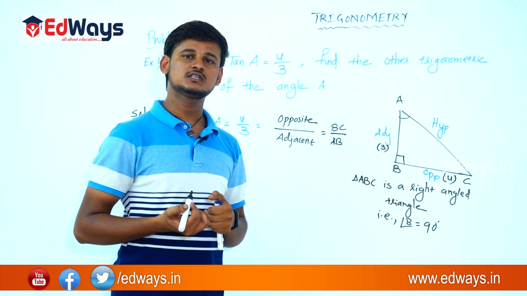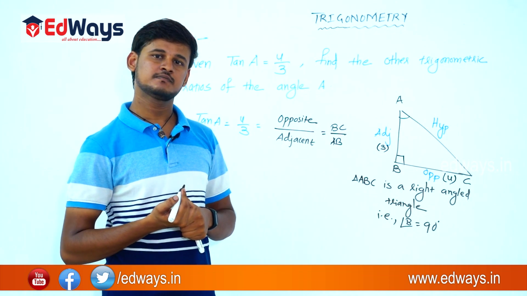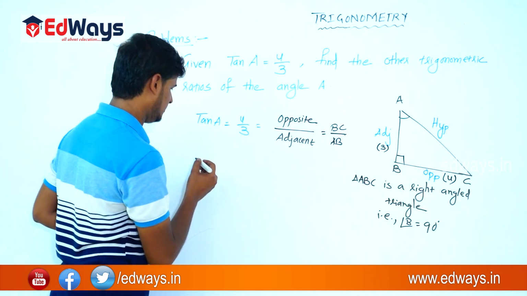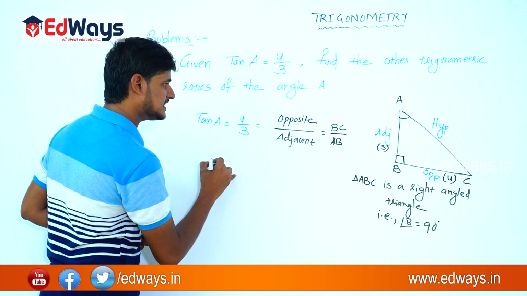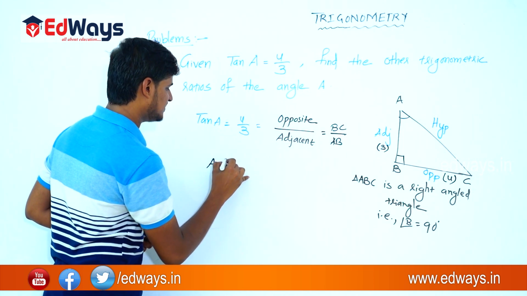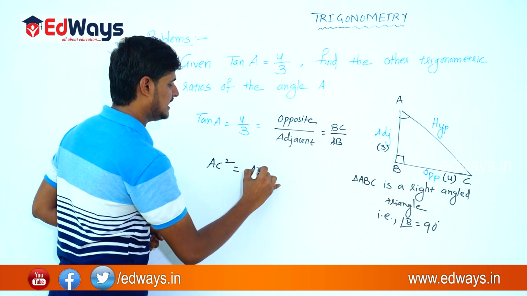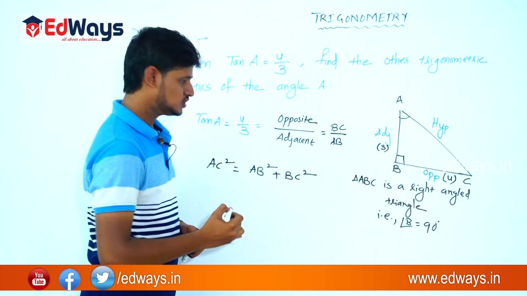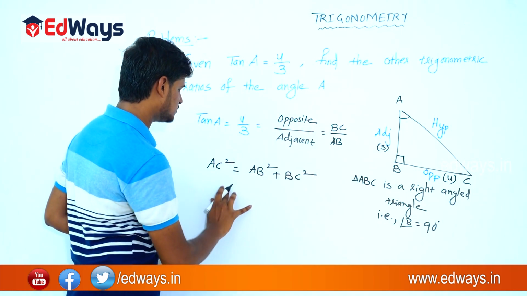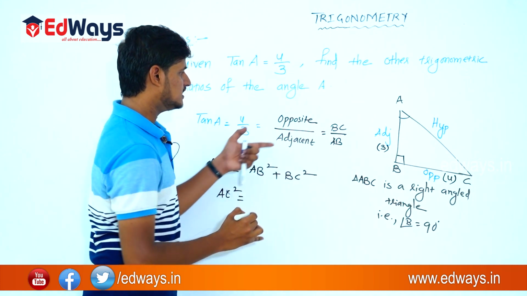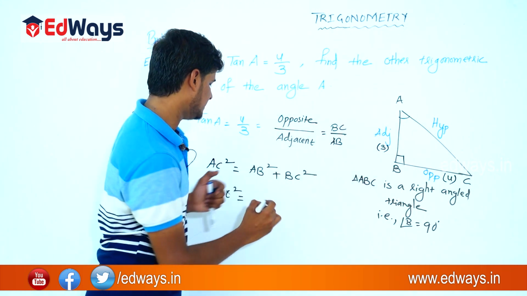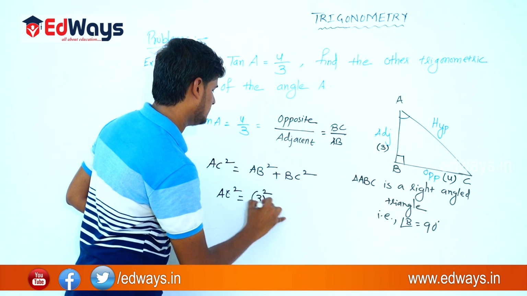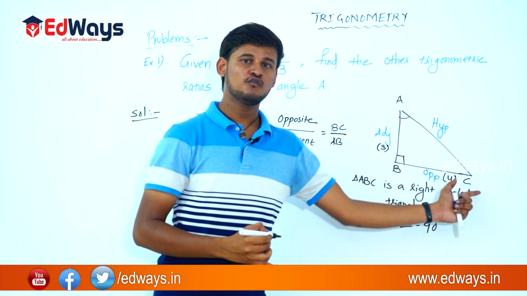I can find the third side using Pythagoras theorem. Yes, let us find. If you apply Pythagoras theorem, AC square is equal to AB square plus BC square. So AC square is equal to AB, what is AB? 3 square, plus what is BC? 4 whole square.